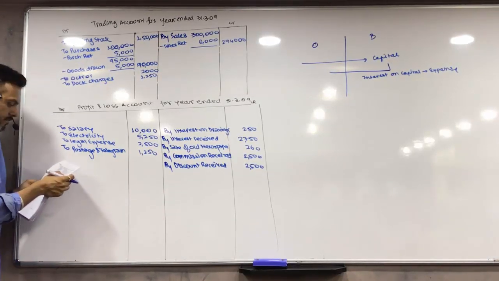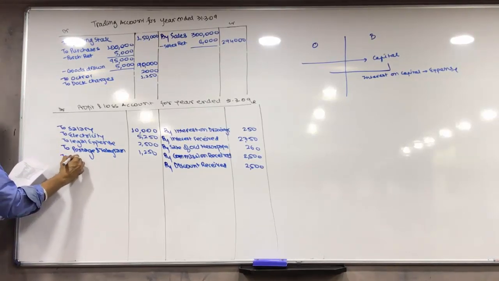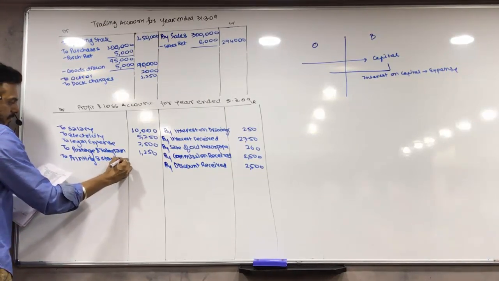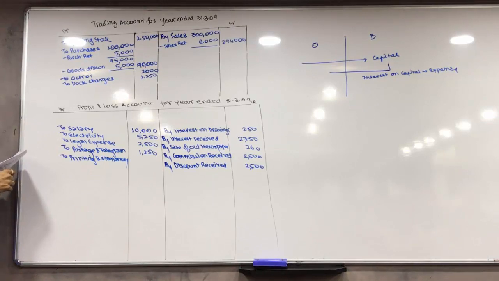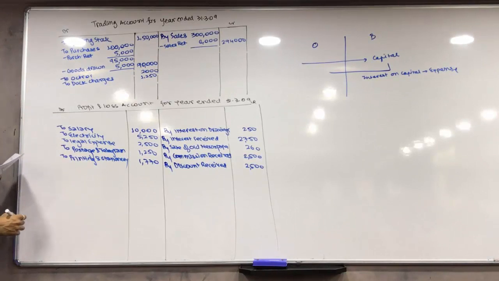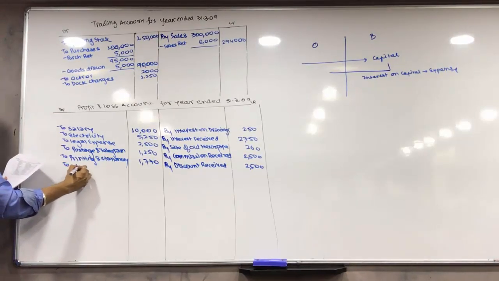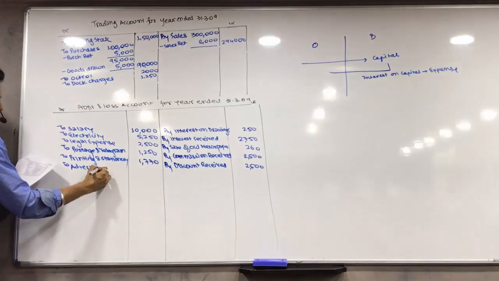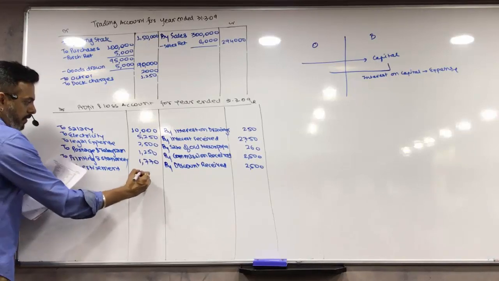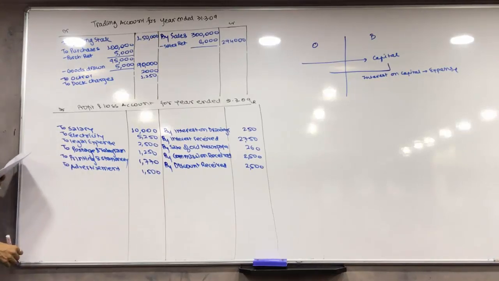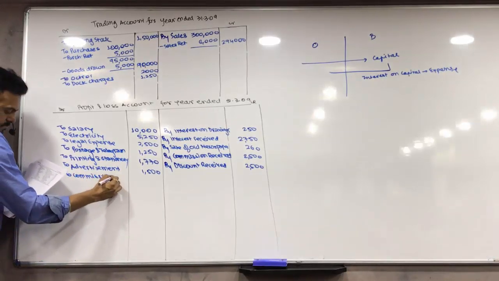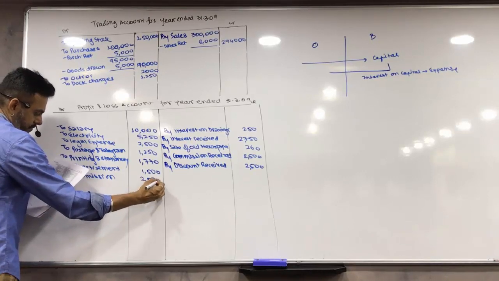Printing and stationery. To printing and stationery, 1,770. To advertisement, 1,500. To commission, 2,500.